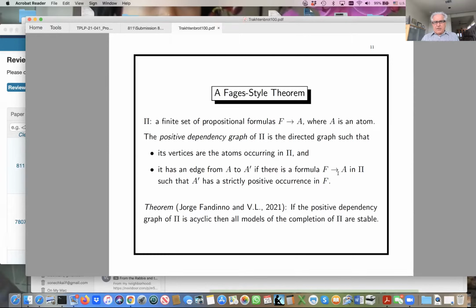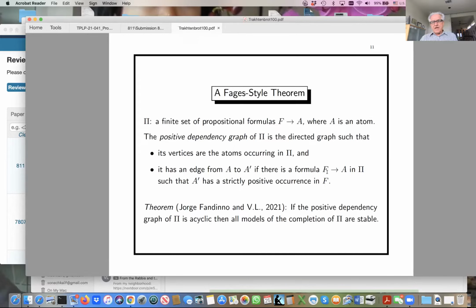You take the rules, these implications in pi, and in F, you identify all atoms A' that occur in F strictly positively. In other words, within F, this A' should occur not under any negation and not in the head of any implication.